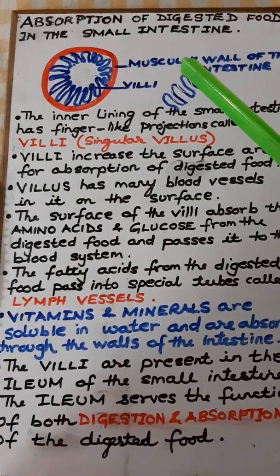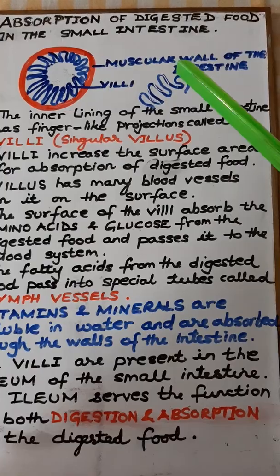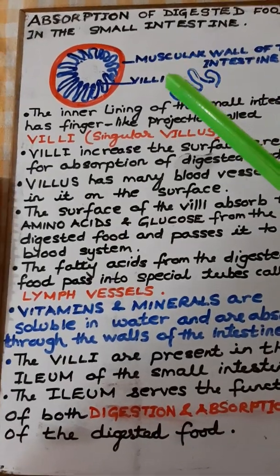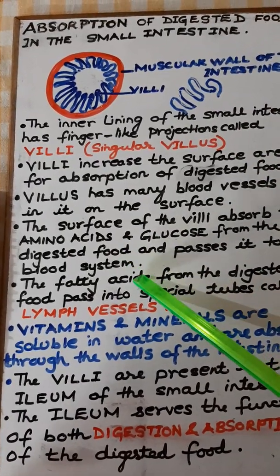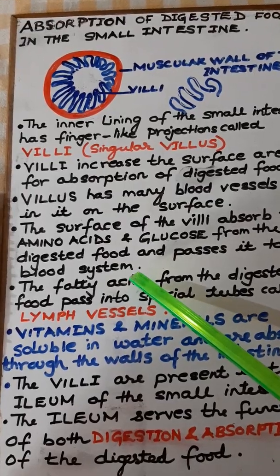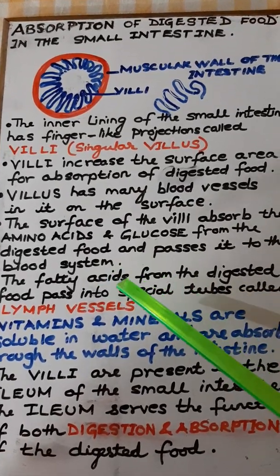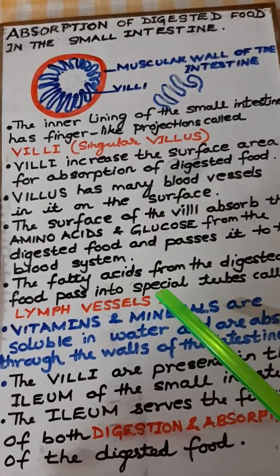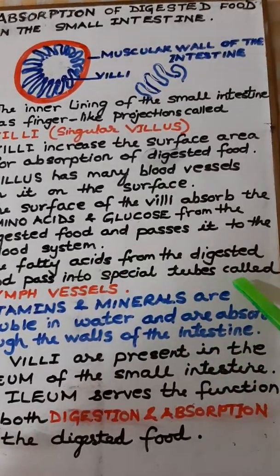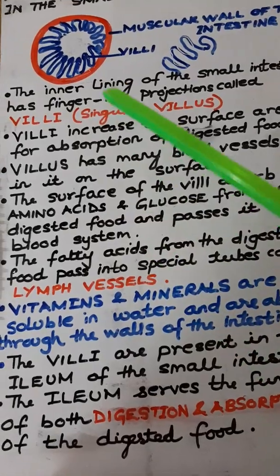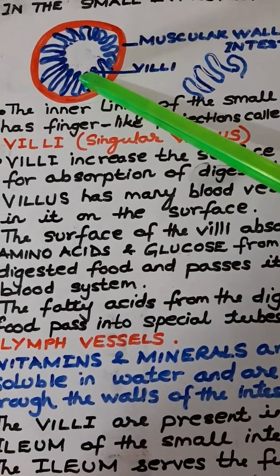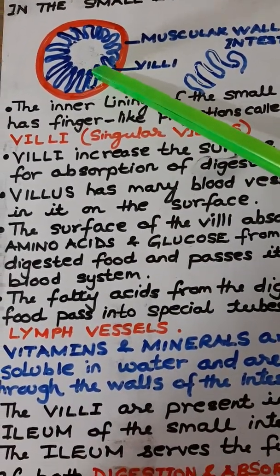Then the fats from the digested food are converted into their simplest form, fatty acids. The fatty acids are taken up by special tubes which are again inside the villi.